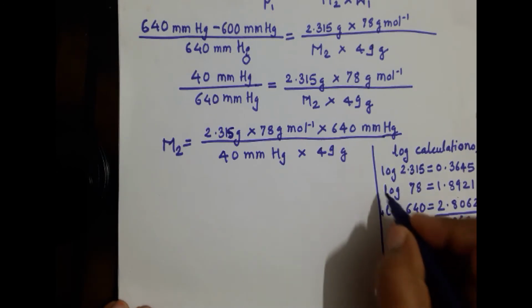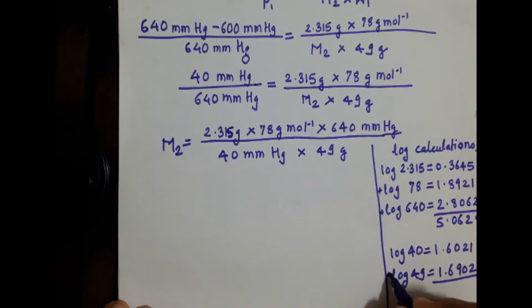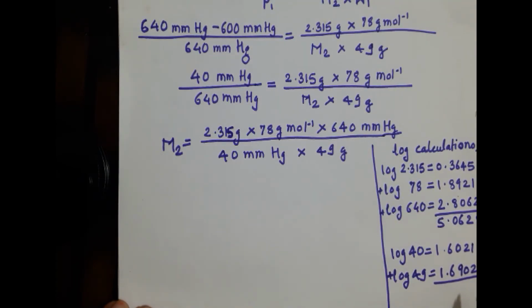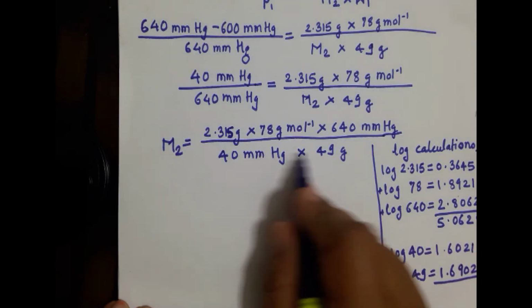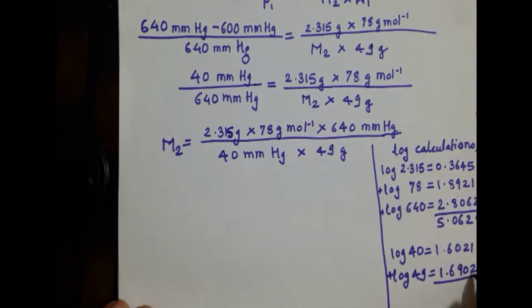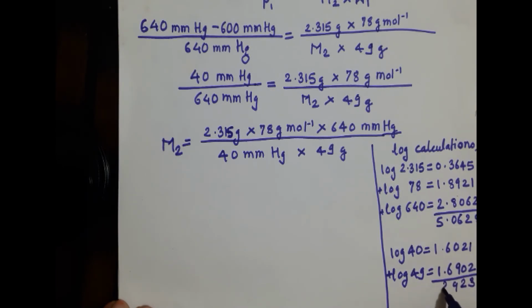This is to be added. This is also to be added. Since these are to be multiplied, we have to add here. So here 3, 2, 9, 2 and 3.